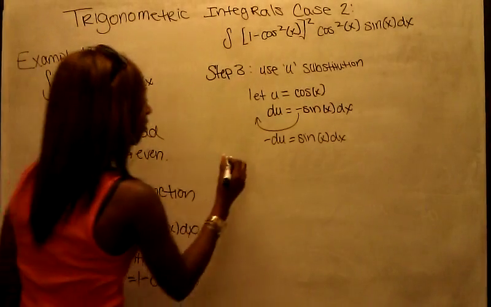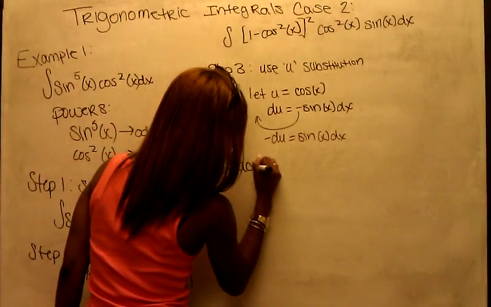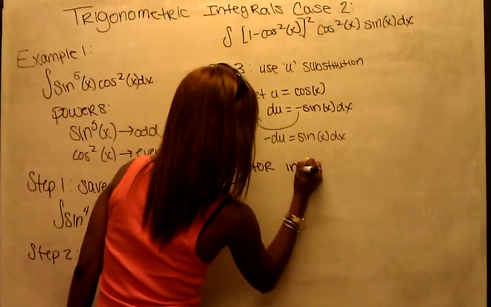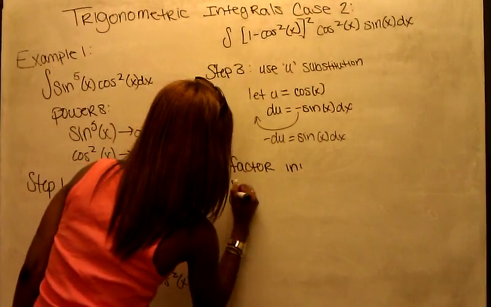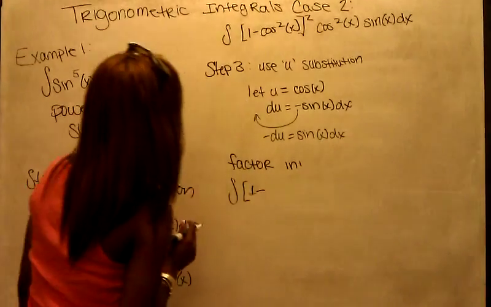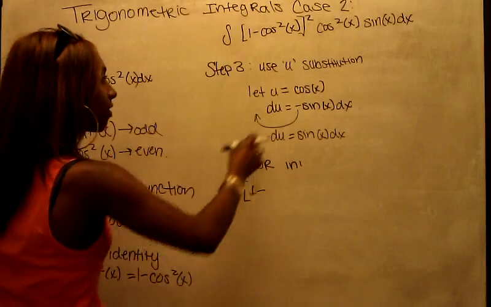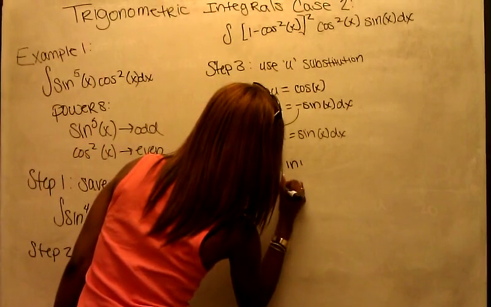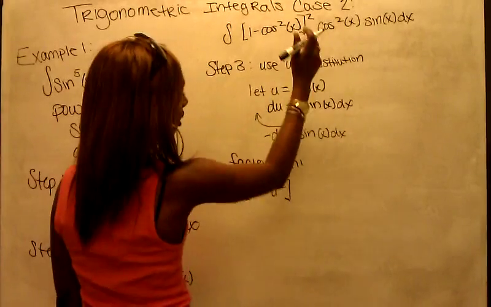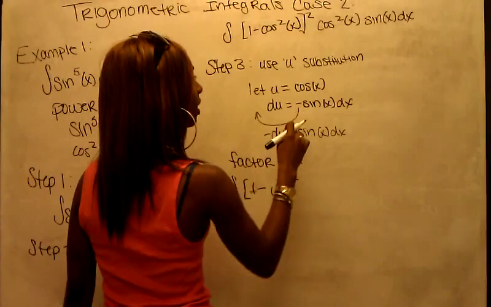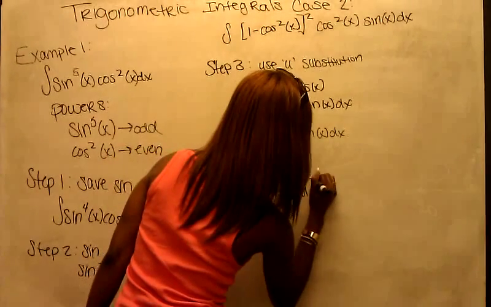So now we're going to factor our variables back in. We're going to end up with the integral of 1 minus cosine squared of x. We only have cosine of x here, so it's going to end up being u squared, can't forget our other square here, times cosine squared of x, so that's going to be u squared.